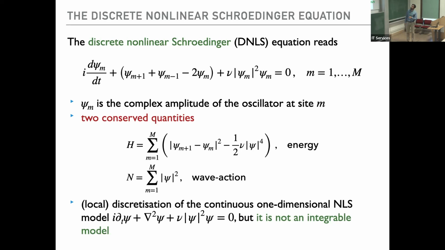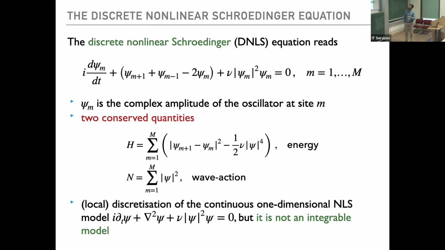Here psi_m is the complex amplitude of an oscillator at site m, and we have capital M oscillators. The time evolution of this complex amplitude is dictated by this equation, where you have some local nonlinearity, with this nu that controls its amplitude and can be positive or negative.